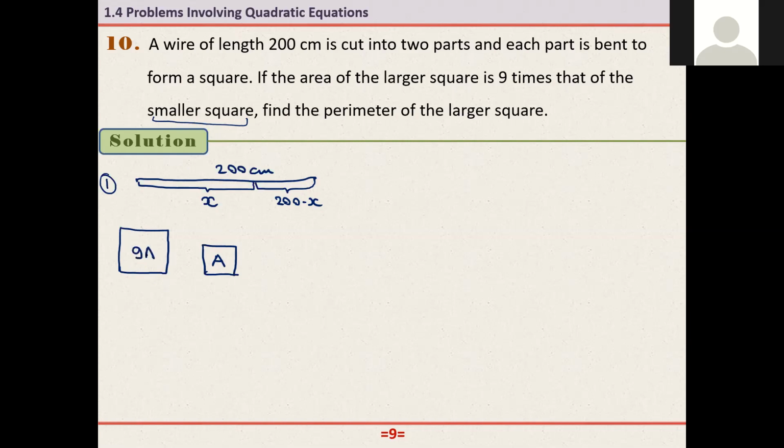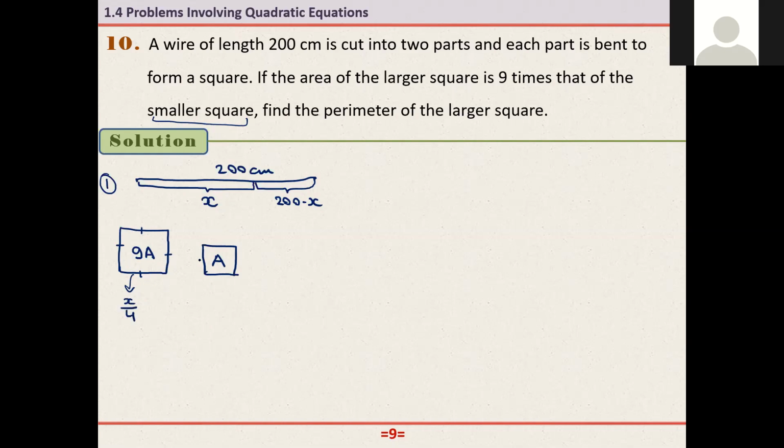Good. So now the length of this wire is X centimeters, and this is a square, that means all sides are equal. Now what is the length of one side of this square in terms of X? X divided by 4. That's correct.